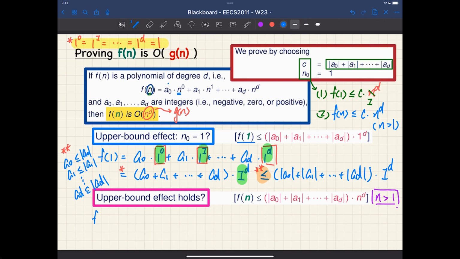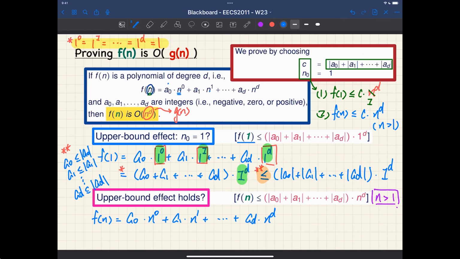So f of n will be, here n will just stay as n. A0 multiplied by n to the power 0 plus, sorry, got to be careful, A1 multiplied by n to the power of 1 plus all the way to AD multiplied by n to the power of d. Let's just write it down first.